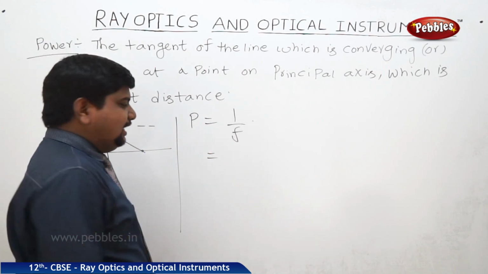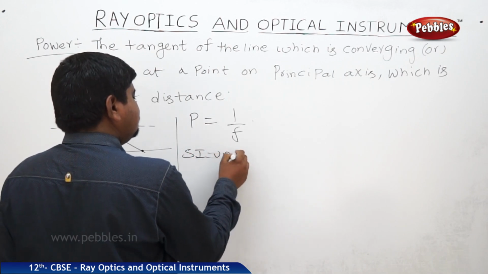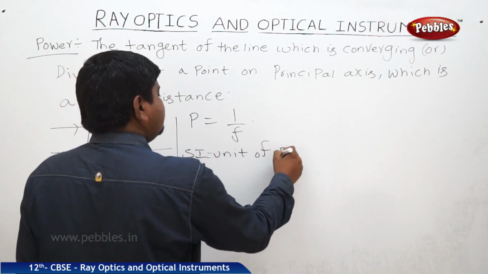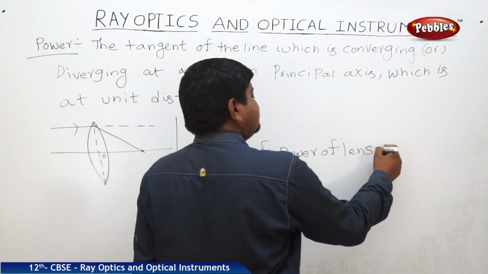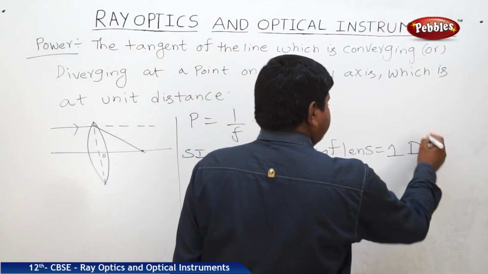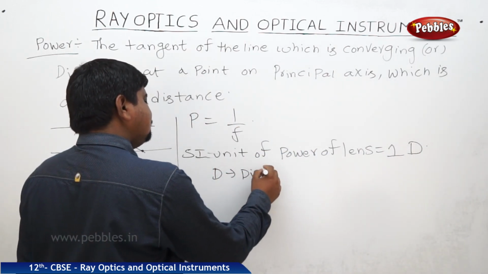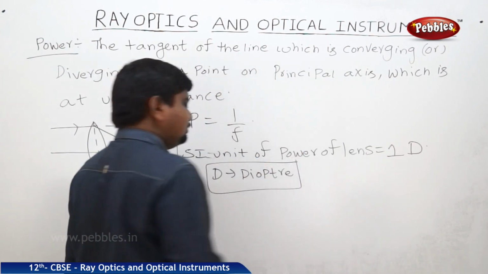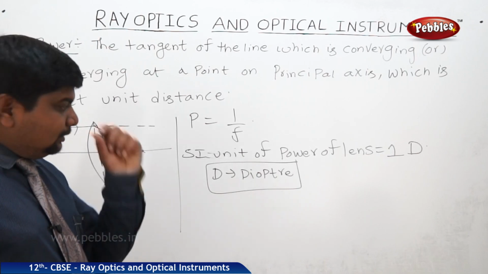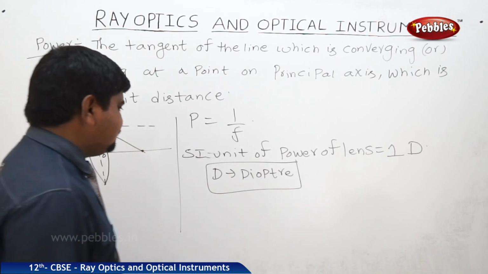So what is the SI unit of power? 1 diopter of power of a lens is equal to 1 capital D. So what is this capital D? Diopter. So 1 diopter is equal to 1 per meter if the focal length is in meters.